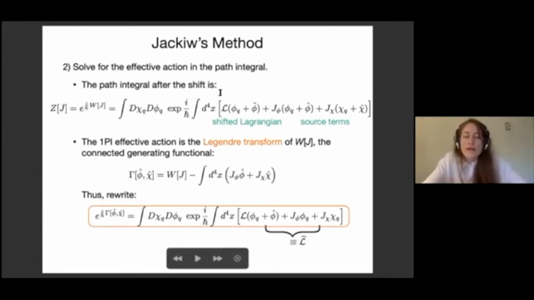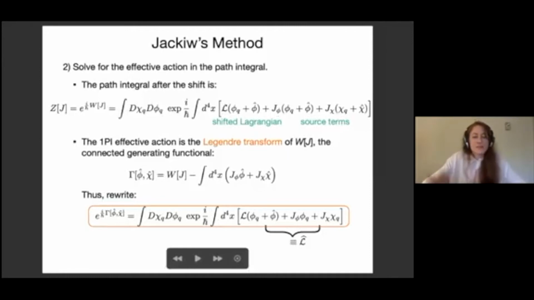What's left over in the exponent of the path integral is the shifted Lagrangian that I wrote on the previous slide, plus the source terms, which now have j phi times the full phi quantum plus phi hat, and the same for j chi. Okay, completely standard.